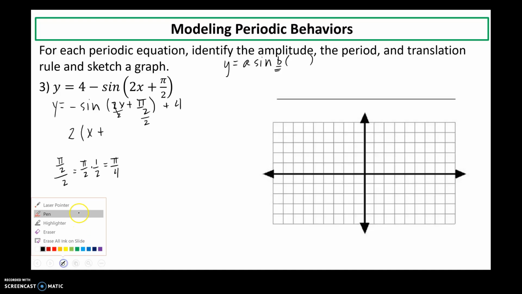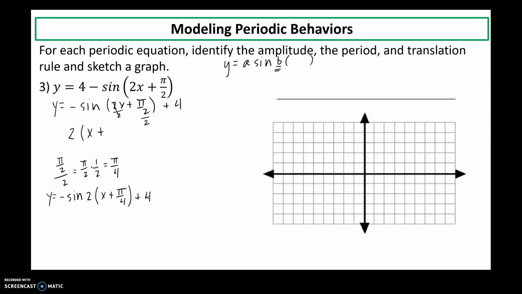Okay, so let me rewrite what we have here. Y equals negative sine. I factored the 2 out, leaving me with x plus pi over 4 in the parentheses, and then the +4 stays put. Okay, so now let's identify all the information. A is equal to -1, and B is equal to 2. Amplitude is the absolute value of -1, so the amplitude is 1.